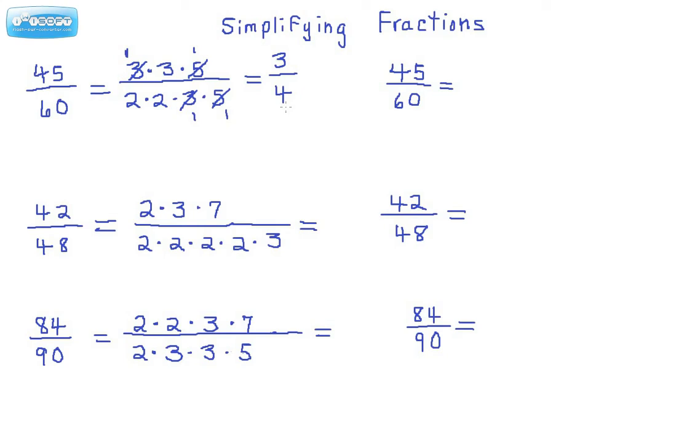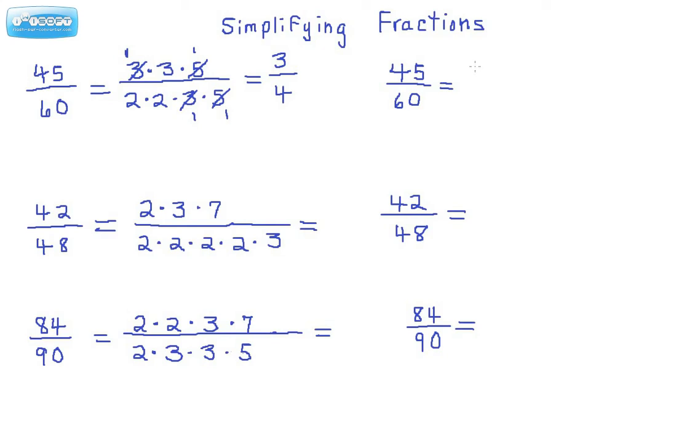On the right I have the very same fraction, but this time I'm going to use a different method. When you look at the numbers, try to find the largest number you can that goes into both of these numbers. And if you don't know the biggest one, just go with what you know.